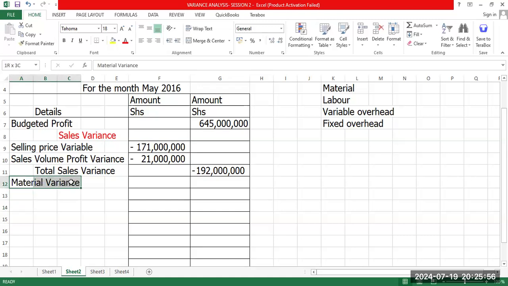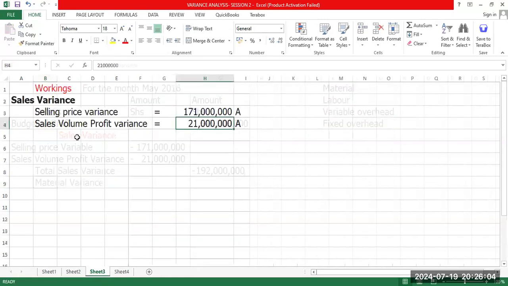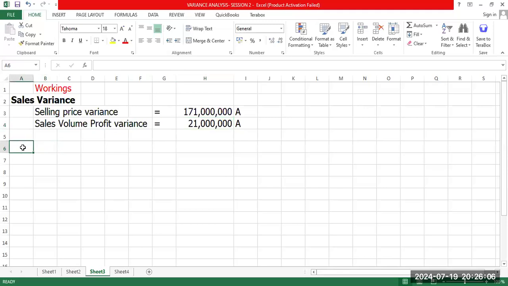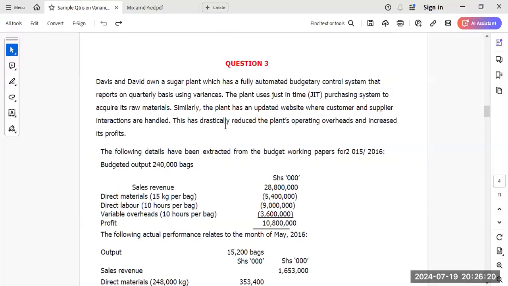Under material variances, we are going to talk about different variances. Under material variances, we need to ask ourselves, in this question, how many materials are they using?